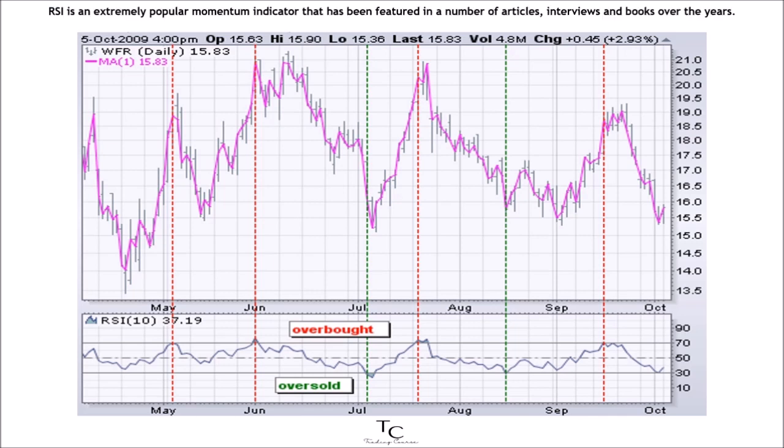RSI is an extremely popular momentum indicator that has been featured in a number of articles, interviews and books over the years. In particular, Constance Brown's book, Technical Analysis for the Trading Professional, features the concept of bull market and bear market ranges for RSI.